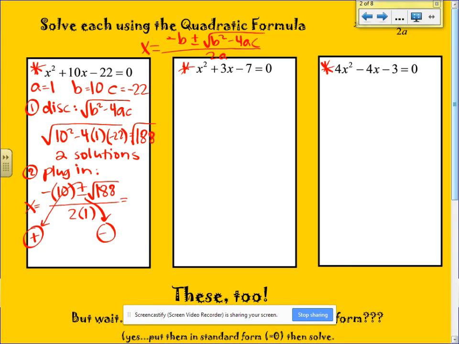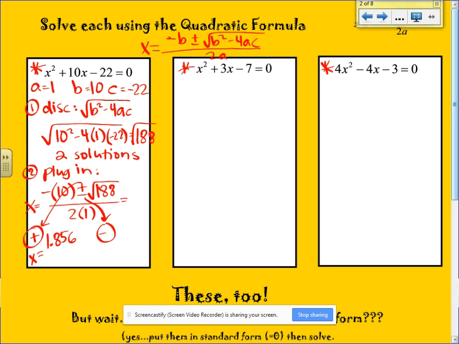Don't forget to put it in parentheses. So parentheses negative 10 plus the square root of 188, parentheses, divided by 2. So your positive is 1.855. And what I mean by positive, I don't mean your answer is always going to be positive. I just mean that you're going to use the plus instead of the minus.